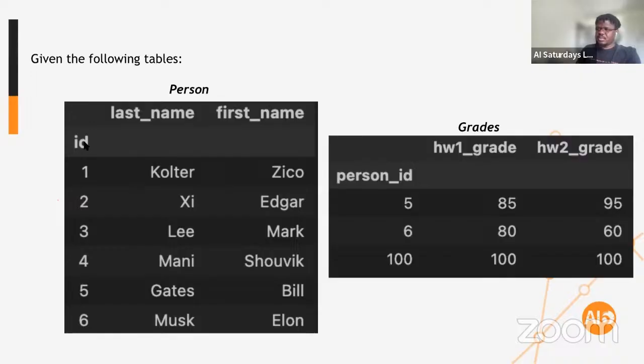So we are going to get a return of last name, first name, homework 1 grade, and homework 2 grade, as well as person ID. But we expect to only see Gates, Bill Gates, 58595, Elon Musk, 80 and 60. Once we get that, then we know Pluto is active.